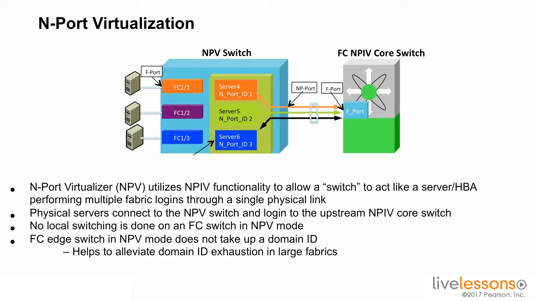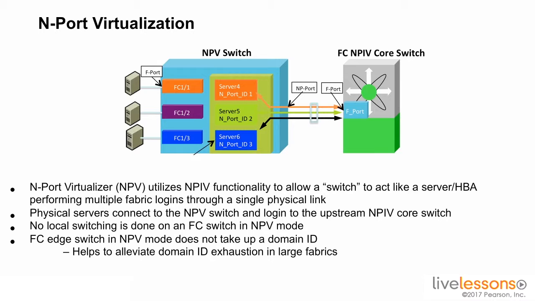There are several advantages to this. First of all, the Fibre Channel edge switch that's running in NPV mode does not take up a domain ID. There are only a certain amount of domain IDs available for any given Fibre Channel network. This helps to alleviate the exhaustion of domain IDs, and it also makes configuration much easier.